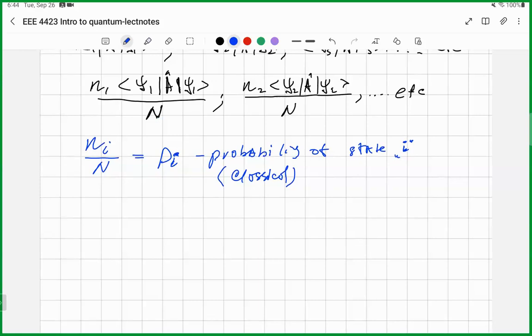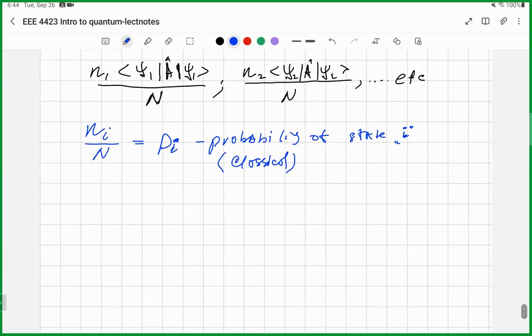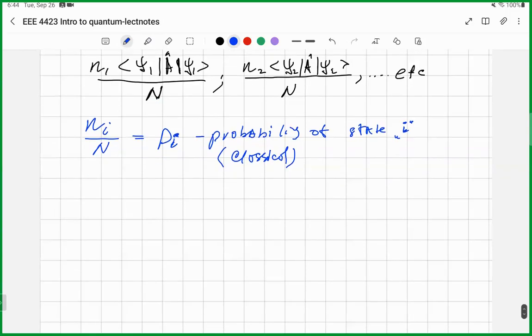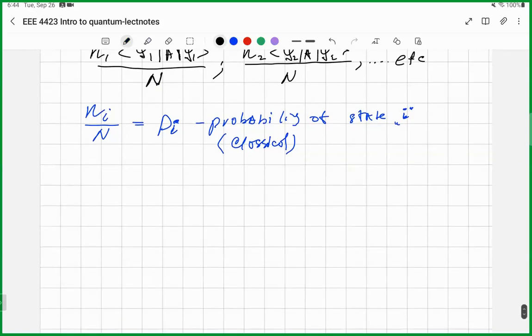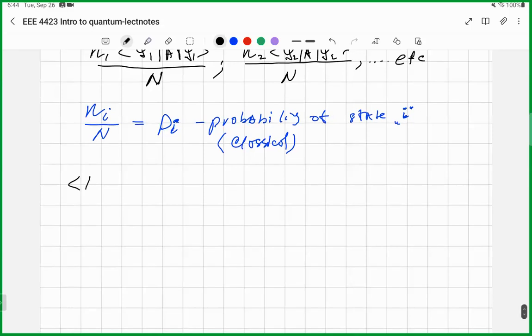Okay, so now if I measure the observable A and take into account this classical probability distribution, I have to average all these expectation values over the classical probability too.